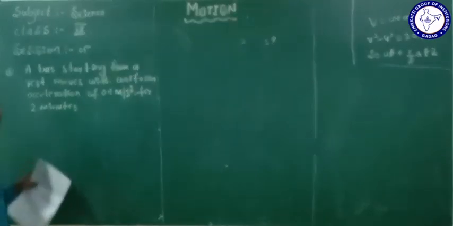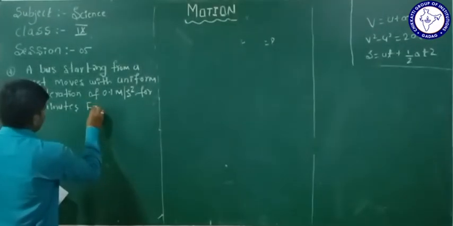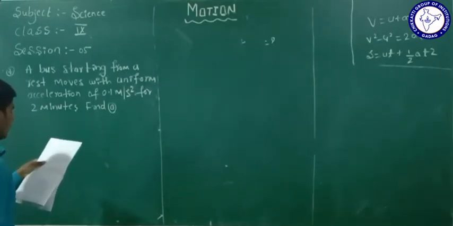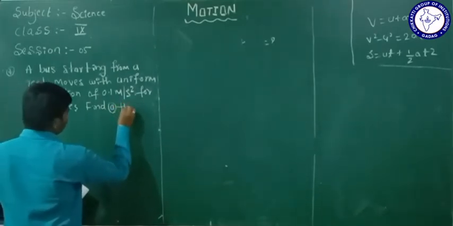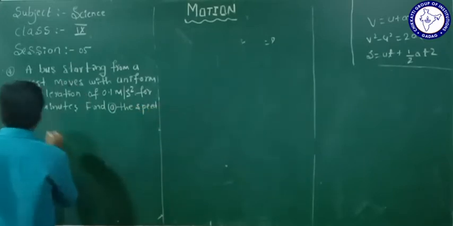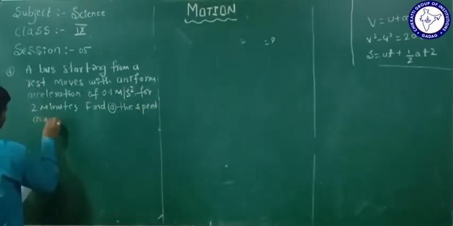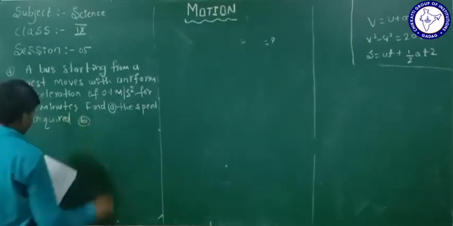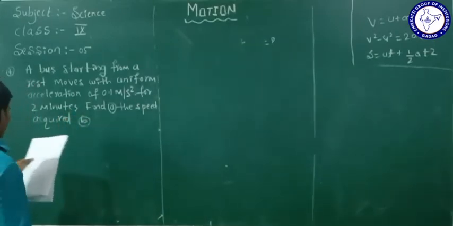Find A, the speed acquired, and B, the distance travelled.